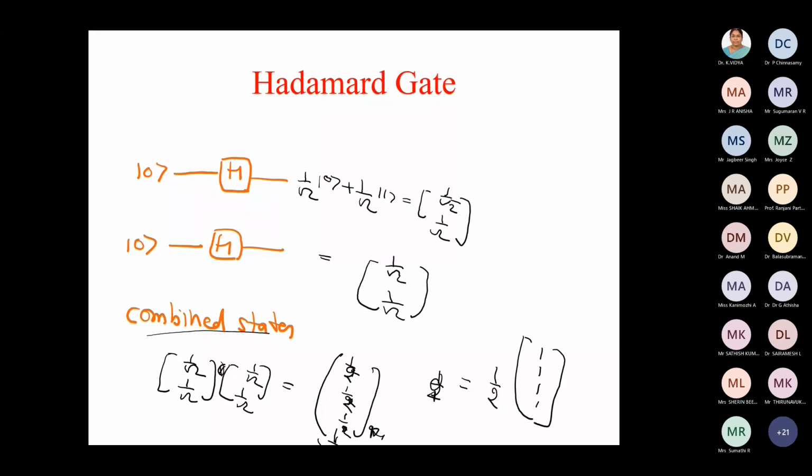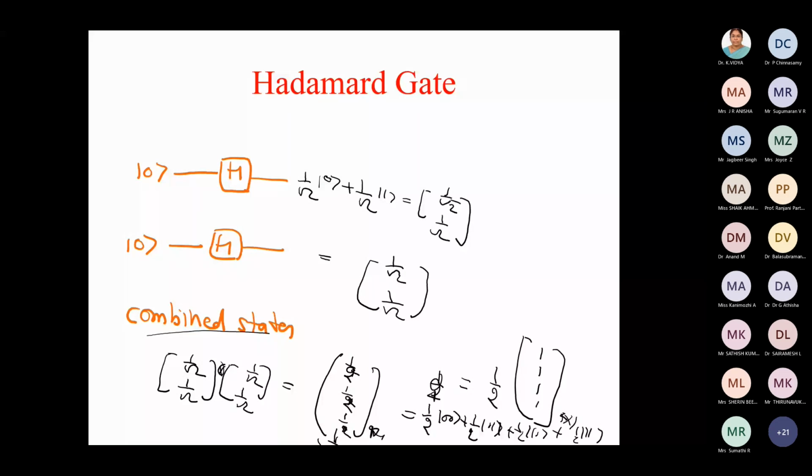Is it okay? Can anyone verify this thing? If I have Hadamard applied on 0 and Hadamard applied on 0, and I want to write the combined state, the combined state will look like this. You can write it like this also: 1 by 2 times 0, 0 plus 1 by 2 times 0, 1, plus 1 by 2 times 1, 0 plus 1 by 2 times 1, 1.